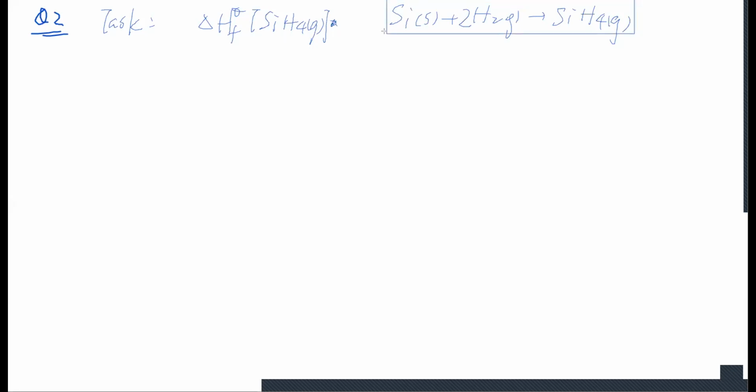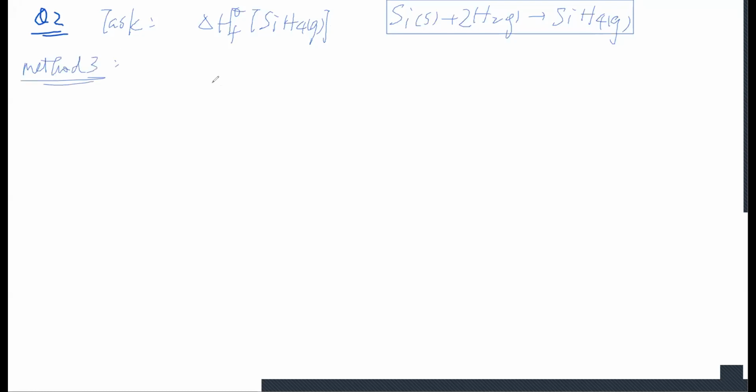So this is what you are going to find. You get it. And what's next, if you write down method 3, it's very simple.